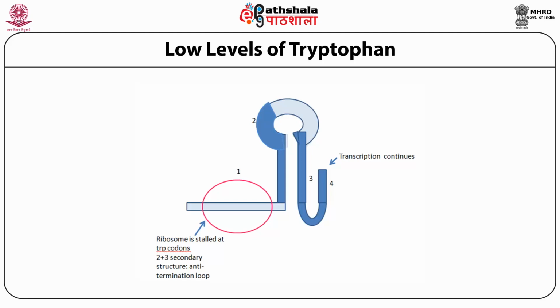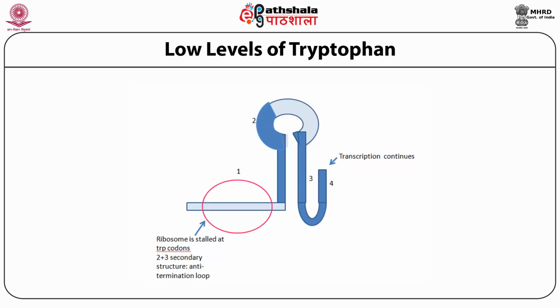This leaves region 2 to base pair with region 3 to form a region 2 region 3 stem loop, referred to as an anti-termination loop. The anti-termination loop prevents the formation of the termination loop and transcription continues along the entire length of the mRNA.